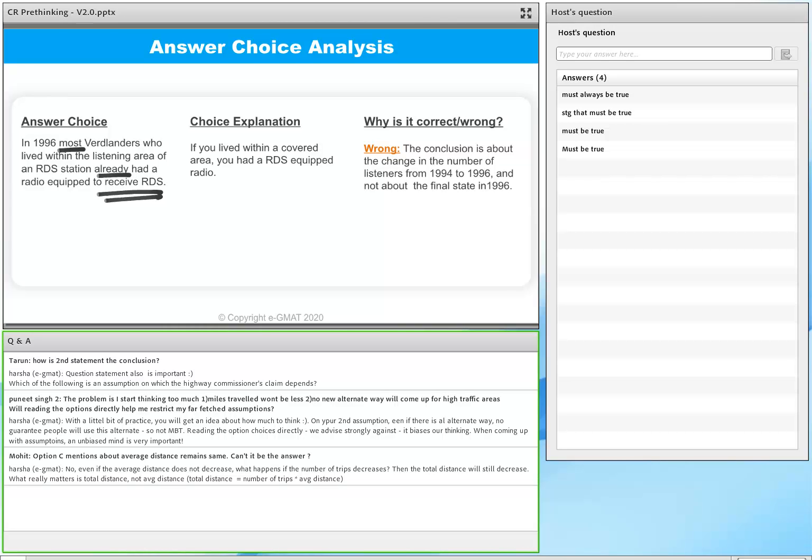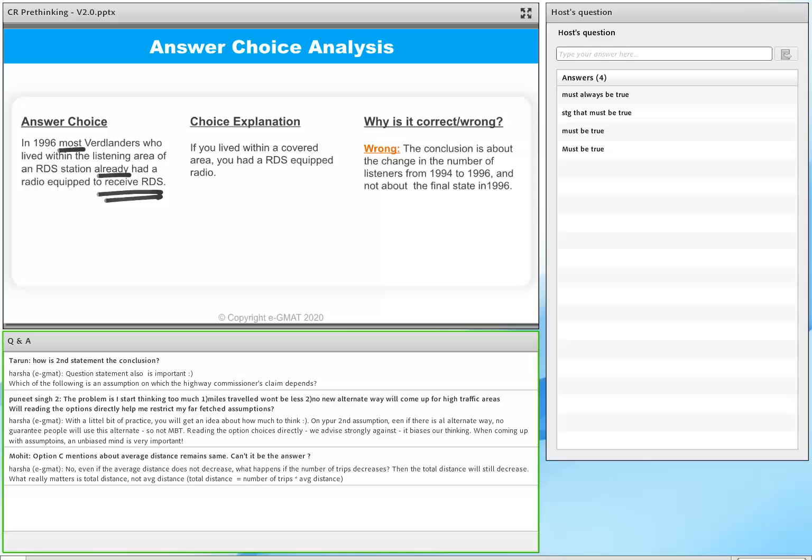So essentially what this choice is saying is that more than 50% of the Worlanders who lived in the listening area of an RDS station had this high quality RDS radio. Now my question is, the conclusion says that in 94 versus 96, the number of Worlanders receiving special program information shouldn't change.